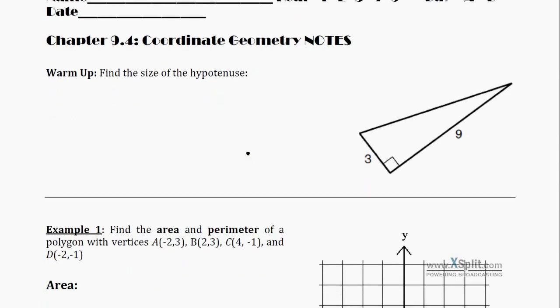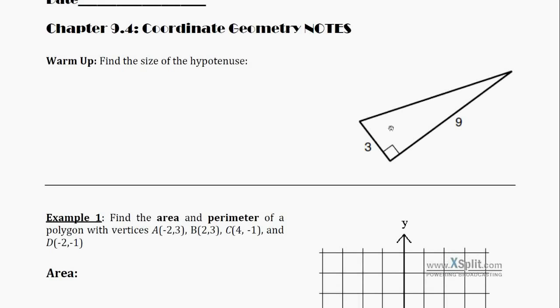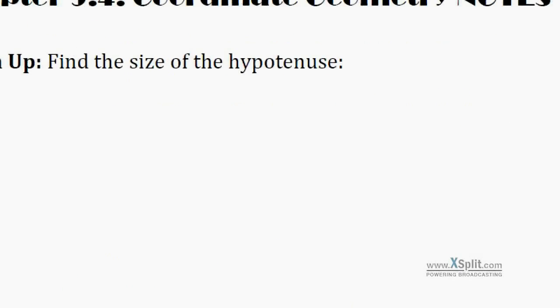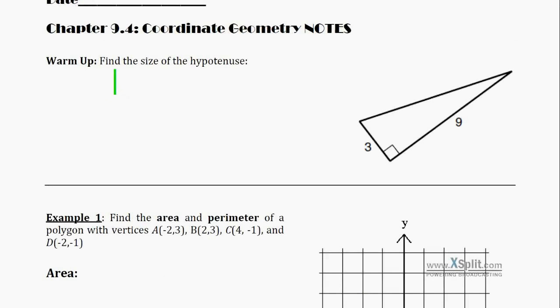Looking at this warm-up really quick here, finding, let's say, the missing hypotenuse if you're given a couple legs of a right triangle. You can go ahead and do that. Hopefully you've already done it on your warm-up by saying 3 squared plus a 9 squared is equal to some missing side squared. We'll call it x. If you square each of these, 3 squared is 9, 9 squared is 81, is equal to x squared.